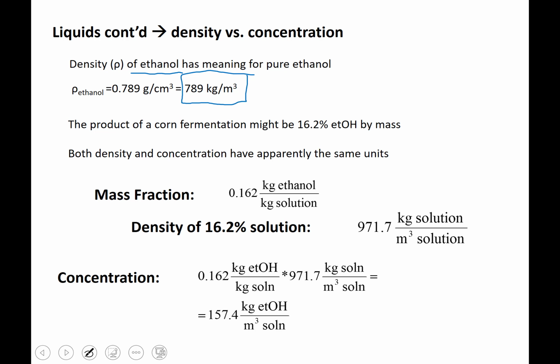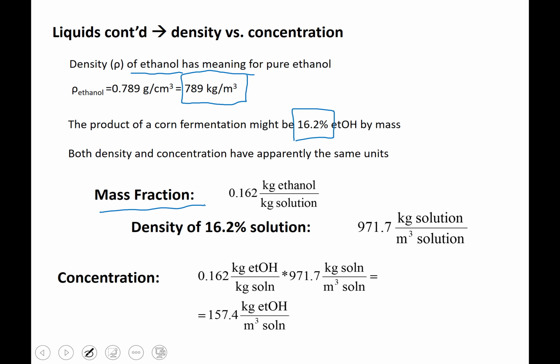Let's say we have 16.2 mass percent ethanol. That means that we have 16.2 grams per 100 grams of mixture, or solution. We also can talk about this in terms of the mass fraction.